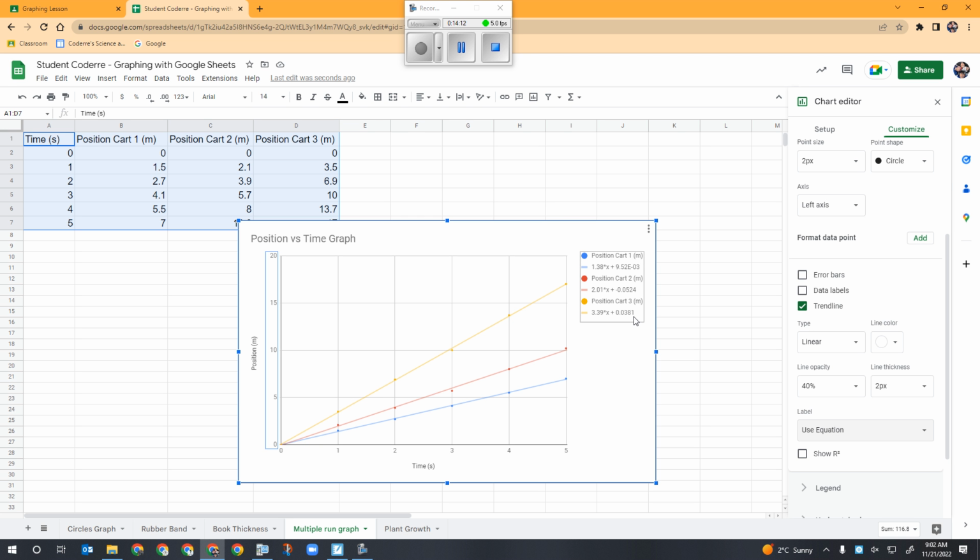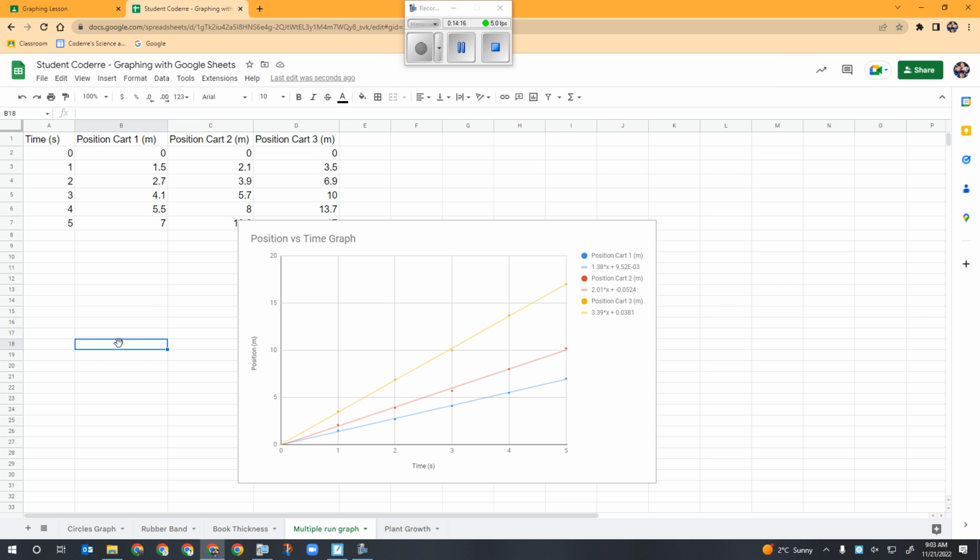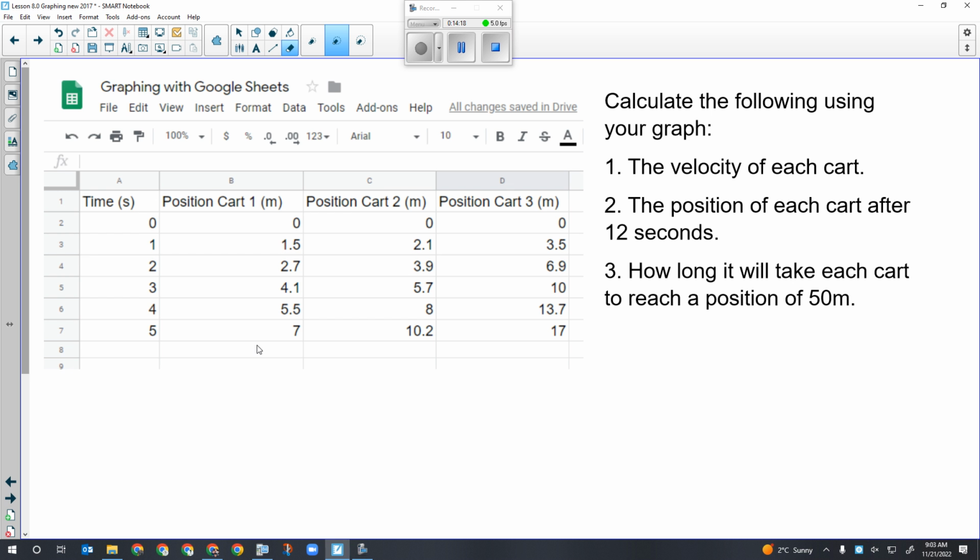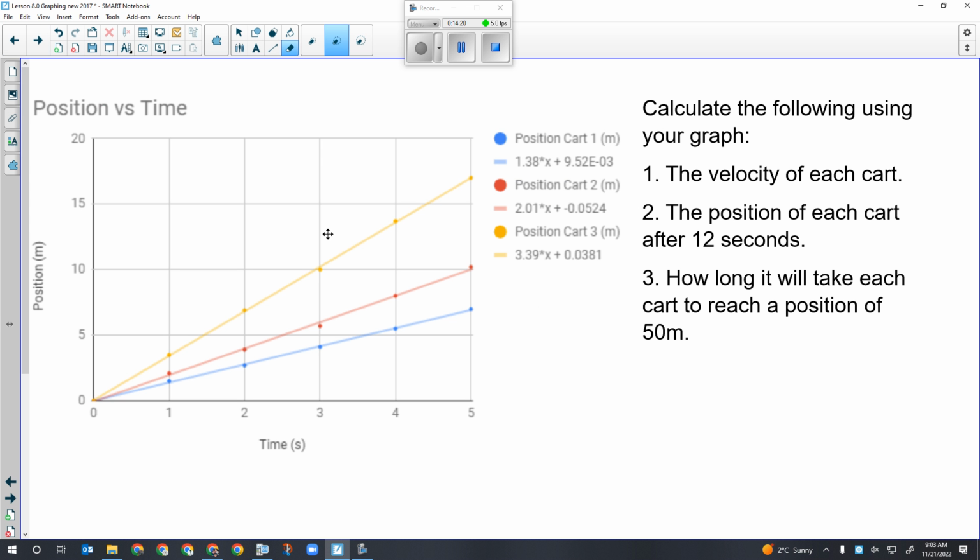Everybody with me there? All right. So now our graph is good. We've got a graph, it looks pretty much like this, and we've got our equation for each line. Now, before we get into the questions, we kind of need to talk about what this graph shows.